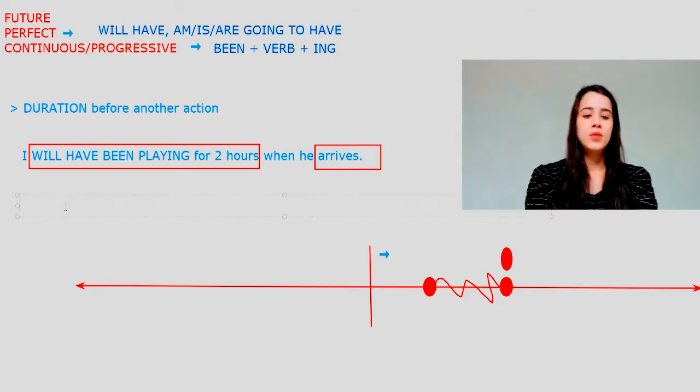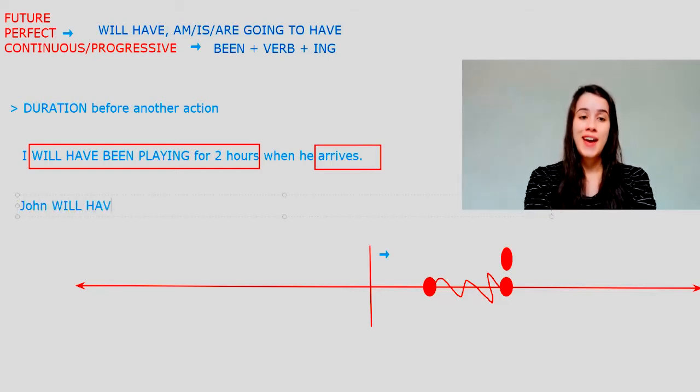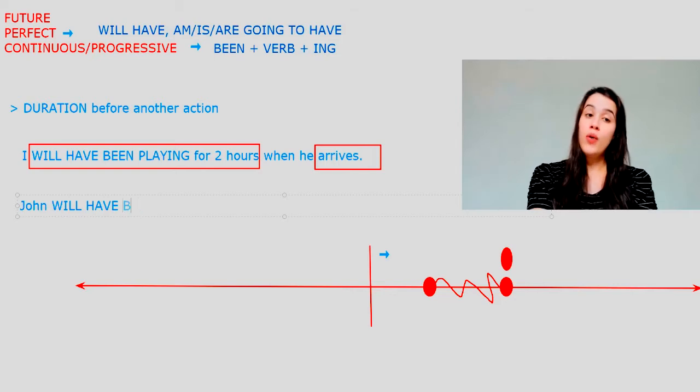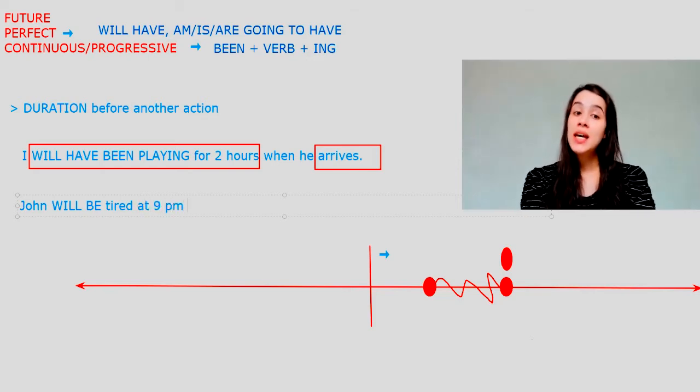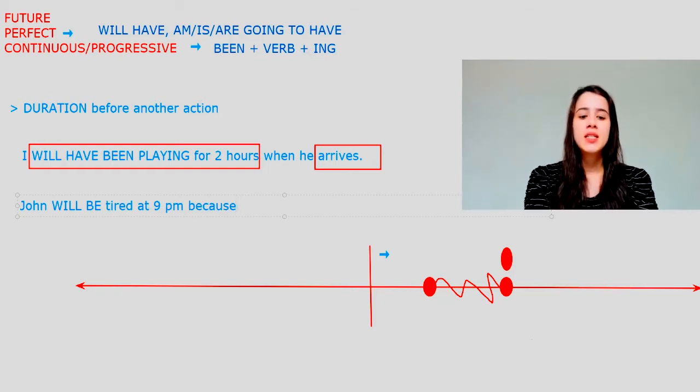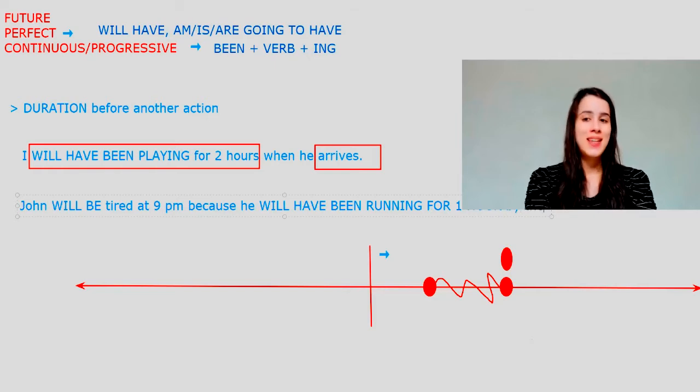For example, John will have been, or we can say he will be tired at 9 p.m. because, so there is a cause and consequence relation here, because he will have been running for 1 hour by then.